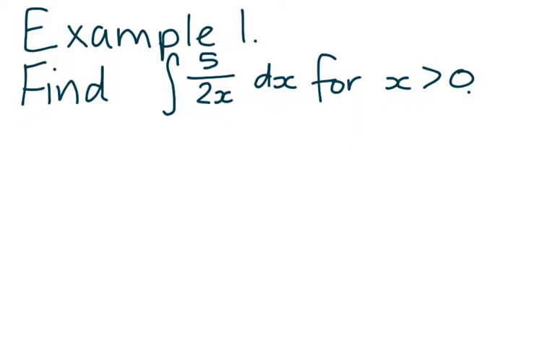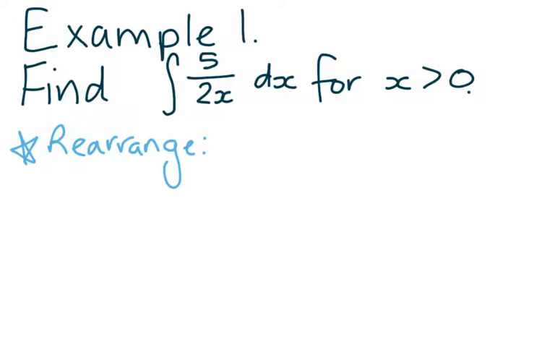So the first step is to understand that we've got an algebraic fraction here, and we need to rearrange this because we're looking to see that the derivative is partially present, because it is just a constant.